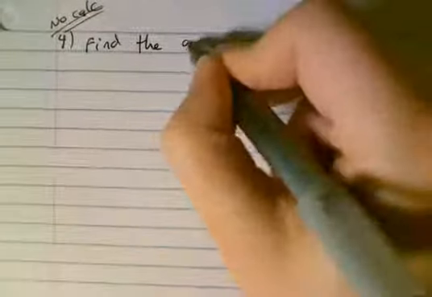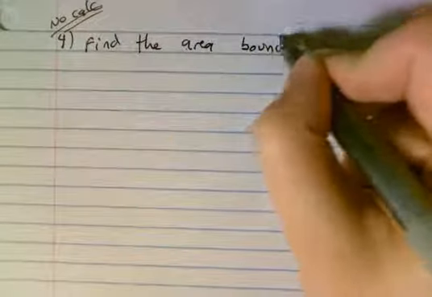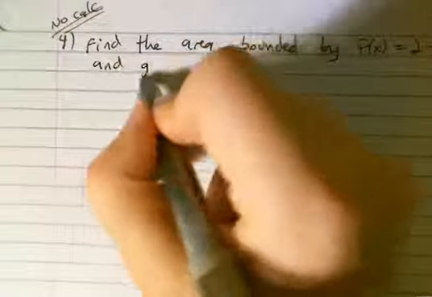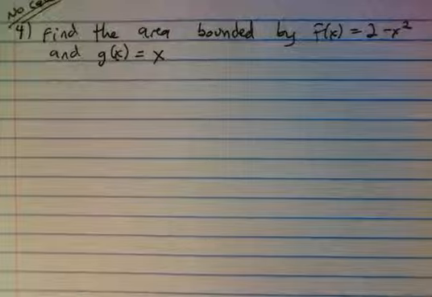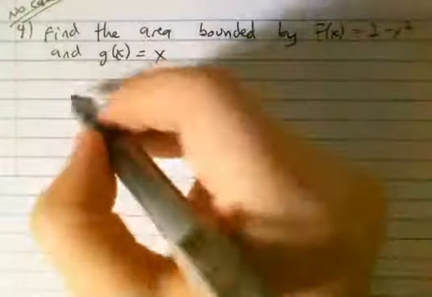You can also find the bounds by hand if you need to. Let's say this is also no calculator. Find the area bounded by f of x equals 2 minus x squared and g of x equals x.